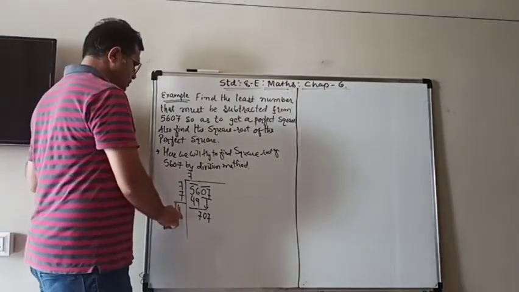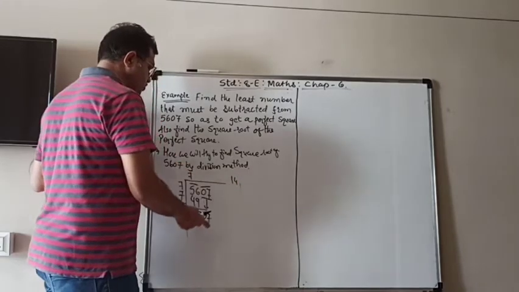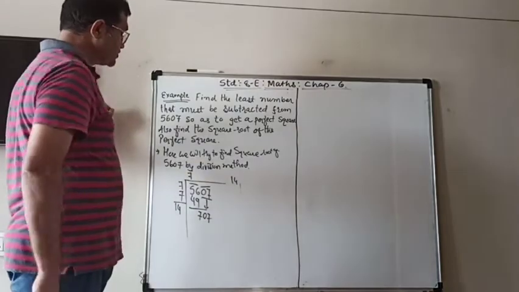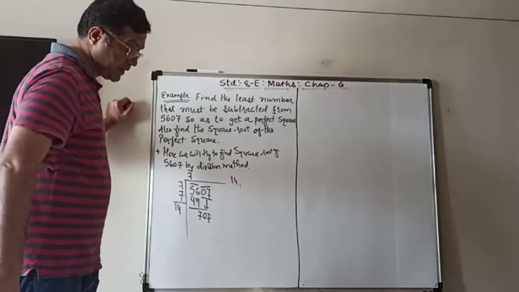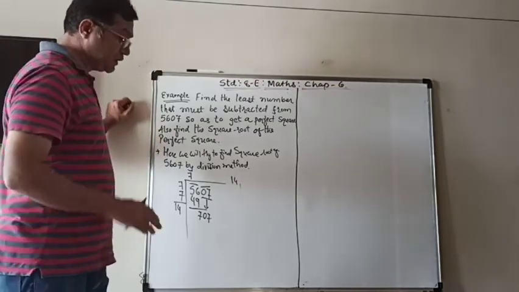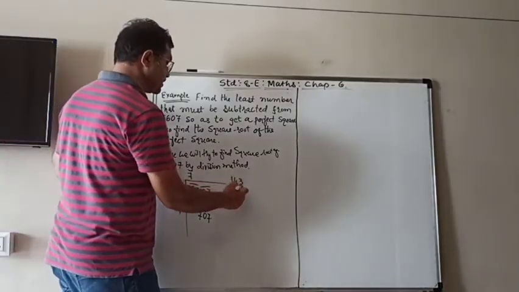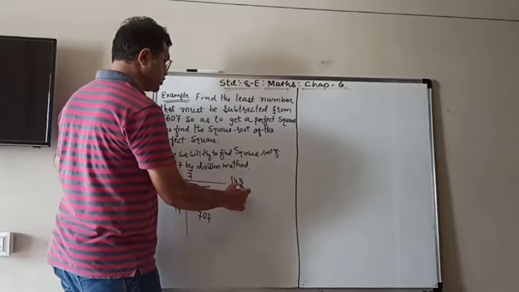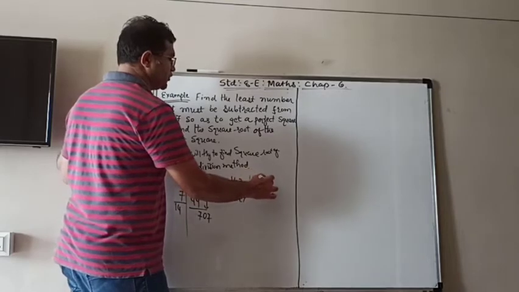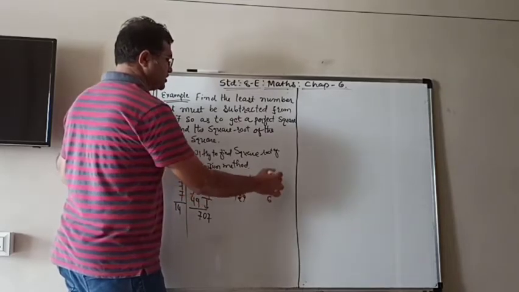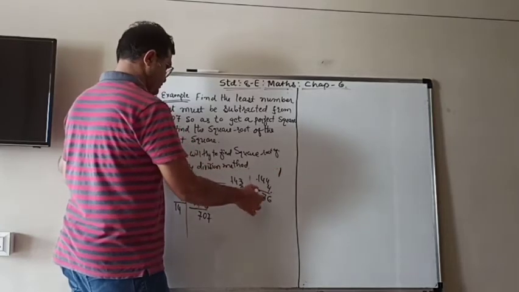Now here 14 means we have to try 141 times 1, 142 times 2, such that it should not exceed 707. So now 14, what will we put here? We try 143. 3 threes are 9, 4 threes are 12, 3 ones are 3 plus 1, 4. Still far. So check 144. 4 fours are 16, 16 plus 1 is 17, 4 ones are 4 plus 1, 5.